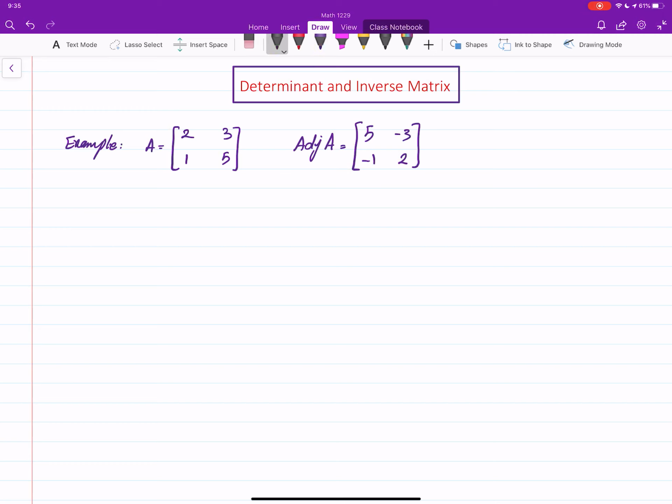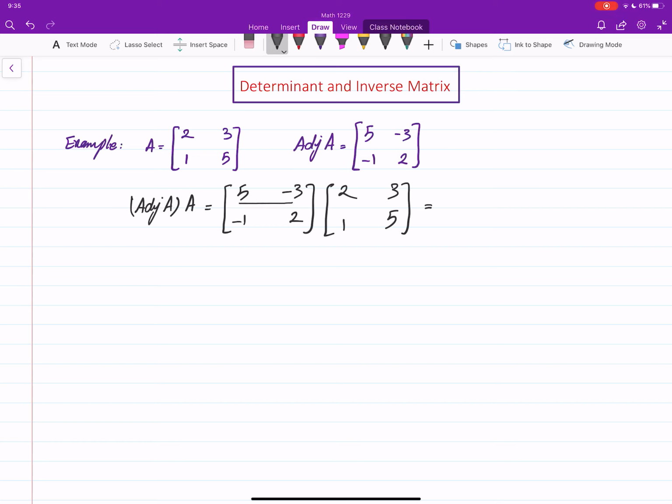Let us just multiply the adjoint of A to matrix A. Both of them are 2 by 2 matrices, so we can multiply. Let me just write these entries: 2, 3, 1, 5. Here I can multiply.